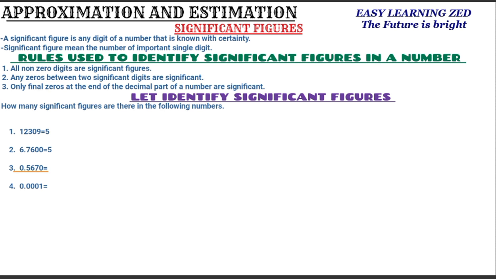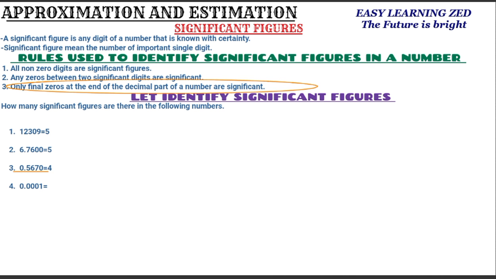So we are looking at the number which I've underlined there on number 3. We count starting from 5, after 0.5: we count 5, 6, 7, and 0. So these 4 numbers are significant figures. I've used rule number 1, which says all non-zero digits are significant, and the third rule, which says only final zeros at the end of the decimal part of the number are significant.